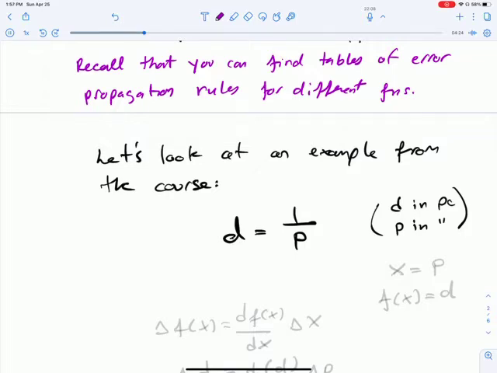So if we think about our general equation that we saw on the previous page, in this particular case, x is equal to p, and f of x is equal to d.